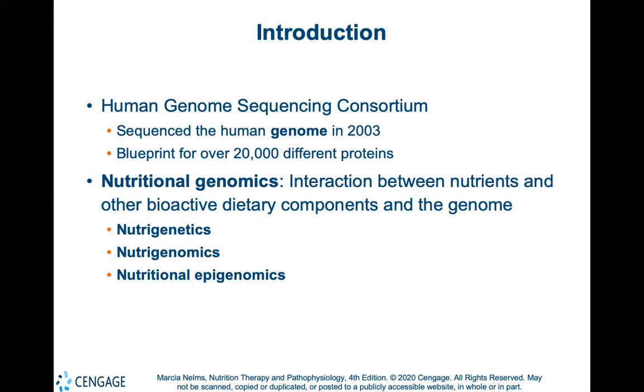Interventions that consider genotype in conjunction with other factors such as current health status, food preferences, and other environmental factors may be referred to as personalized nutrition or precision nutrition. The field of nutrigenomics focuses on the influence of dietary components on gene expression and ultimately the production of proteins and metabolites.